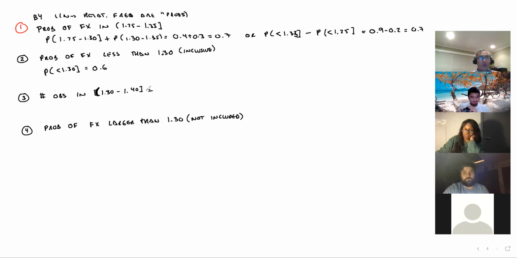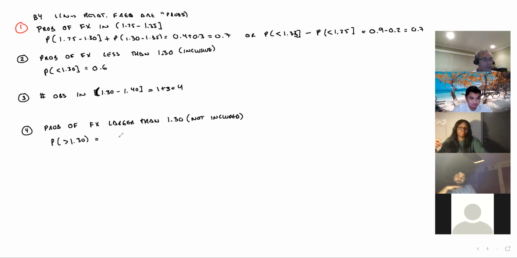So what do we get here between 1.3 and 1.4? 4, 1 plus 3, 4. Do you agree? And finally, what is the probability of FX larger than 1.30? So now I want the probability not including 1.30. Larger than 1.30. 0.4. 0.4. Yeah. Do you agree?